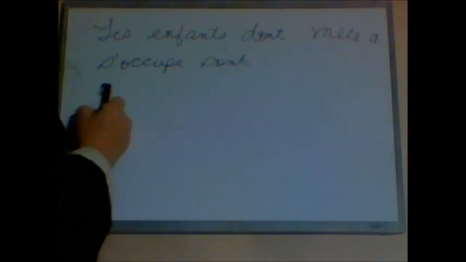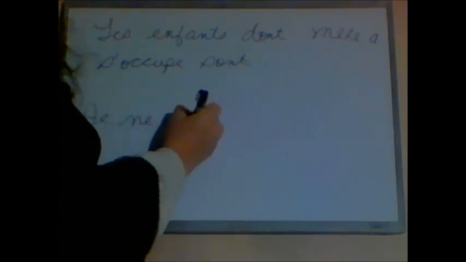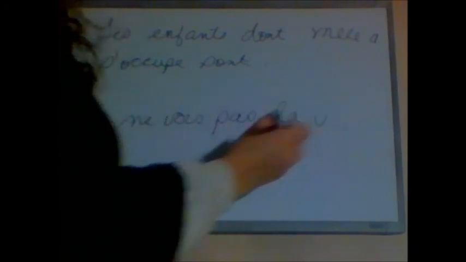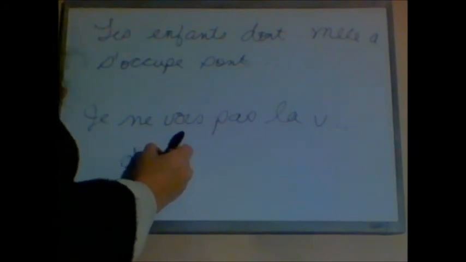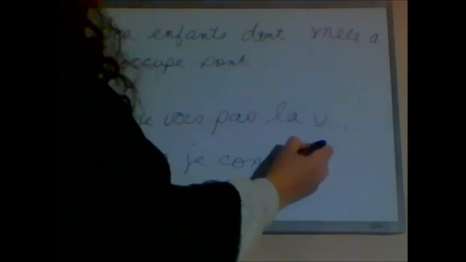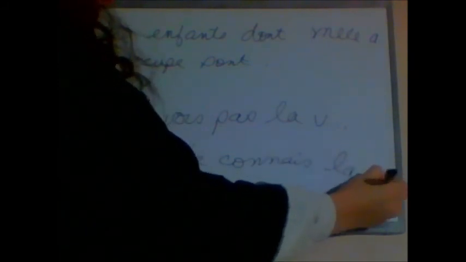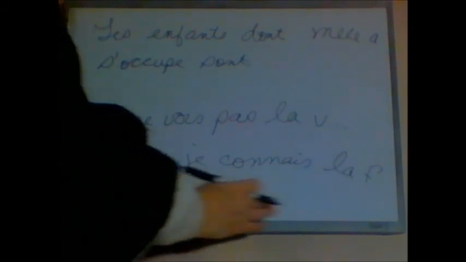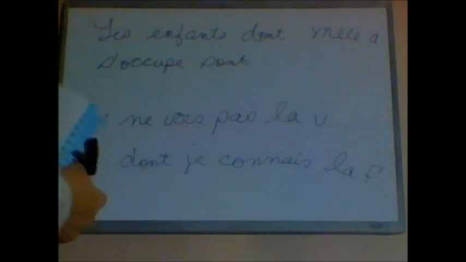So we get, je ne vois pas la vendeuse dont je connais la fille. And here again, that word order is a little bit different from French to English. I don't see the saleswoman whose daughter I know. A little bit of change in the word order there.